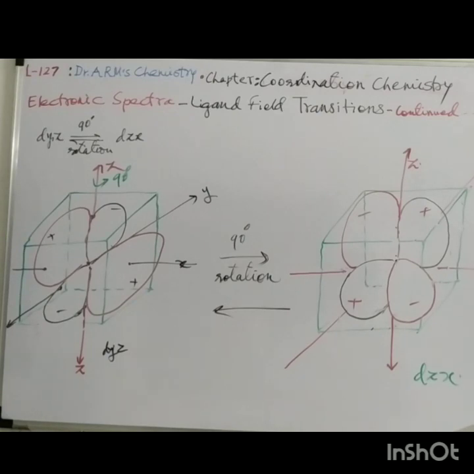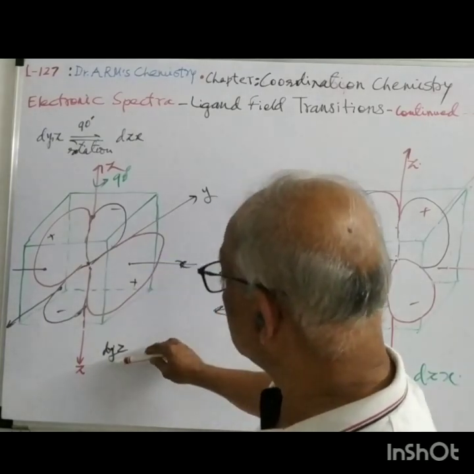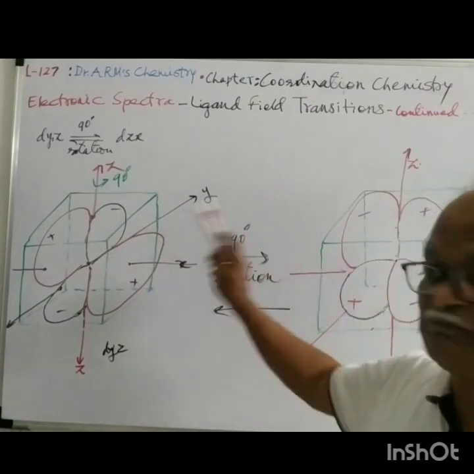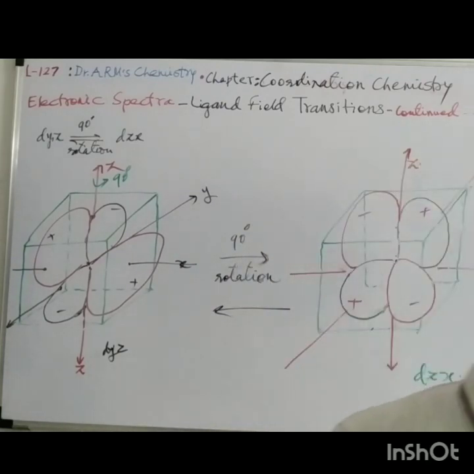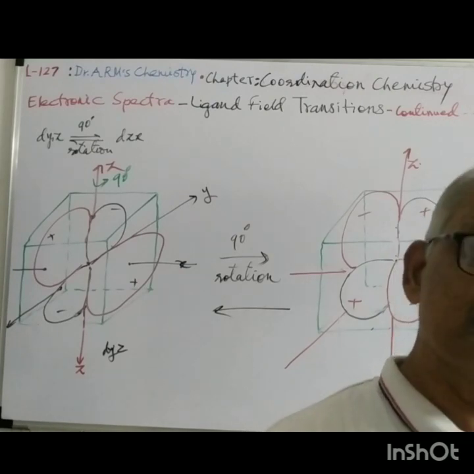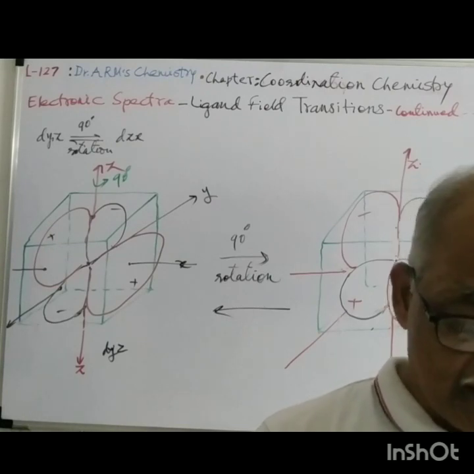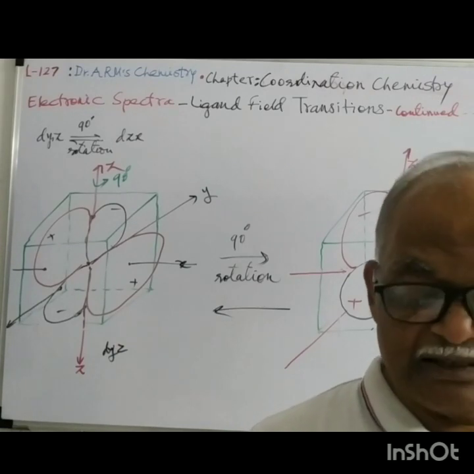Now in such a case we can show that when an electron is excited from dyz, it is very close, so it requires a very small amount of energy for carrying out the transition of electrons, and therefore such types of orbitals are associated with spin forbidden transitions.